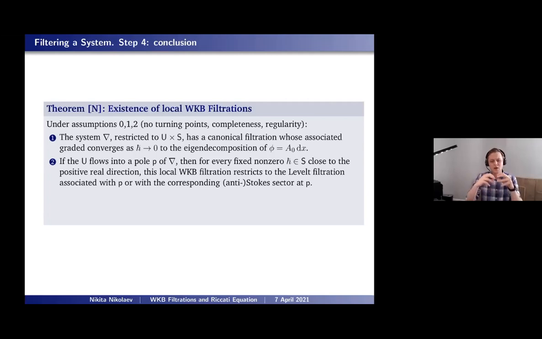And in this case, they are going to be eigenvalues of the residue divided by h bar. And so the Levelt filtration depends on the kind of interplay of which real part is more positive and which real part is more negative. And as you change the angle of h bar, then that interplay might get ruined.